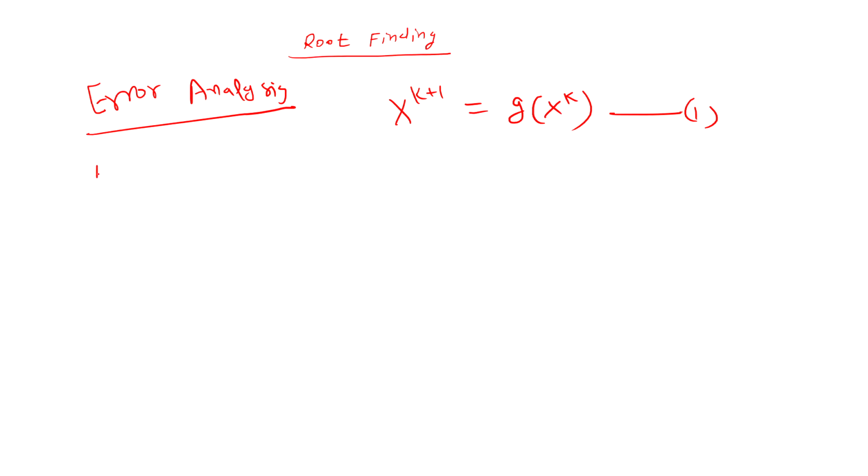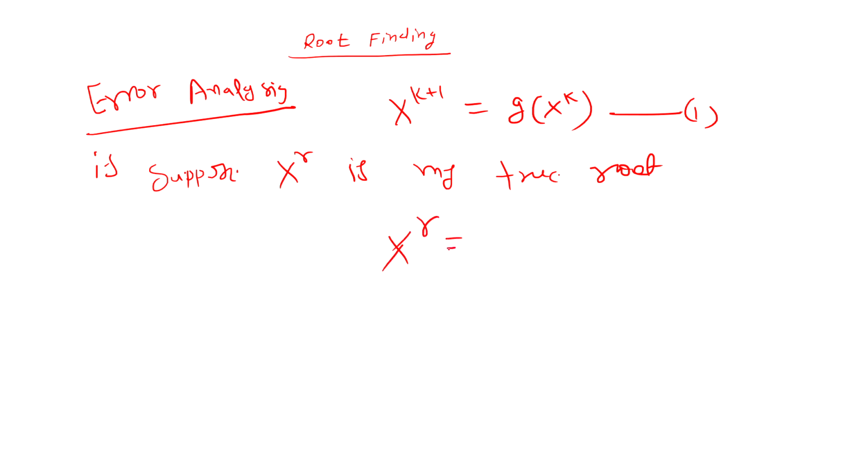This is my first equation. Now suppose x r is my true root, that means x r will be nothing but g of x r. This is my second expression.